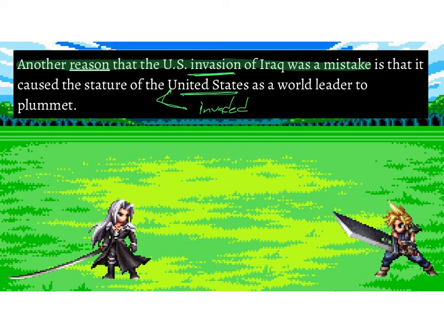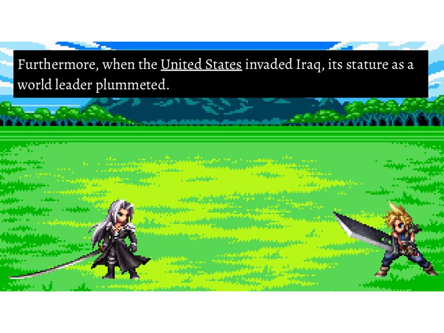And then I'm just going to come up with a better transition than that big long transition. So what I came up with is I would use the transition furthermore, and then I've got, again, my subject-verb pair, United States invaded Iraq. So again, having that subject-verb right next to each other makes it a lot more clear.